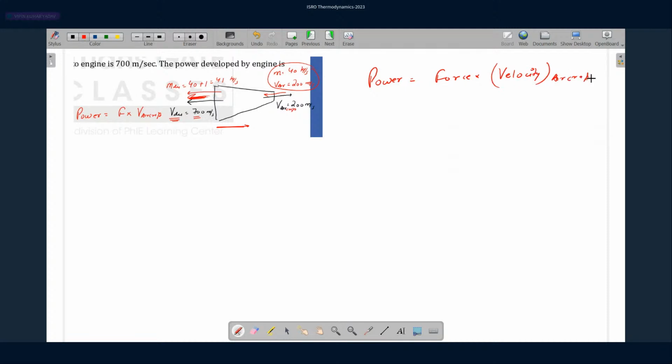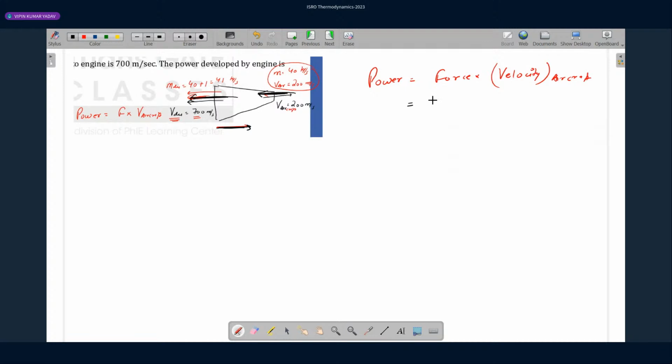Now what is the force? This force is in this direction. When this exhaust is going out, it is pushing in the forward direction, and when air is going in, it is pushing in the opposite, backward direction.